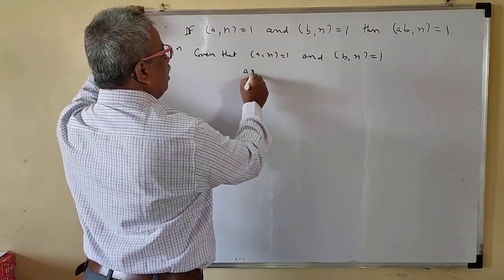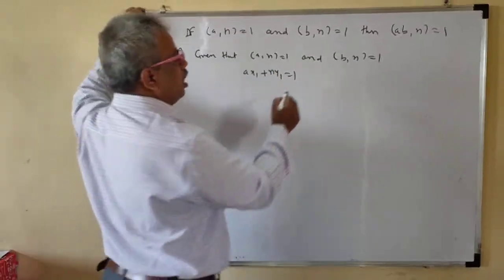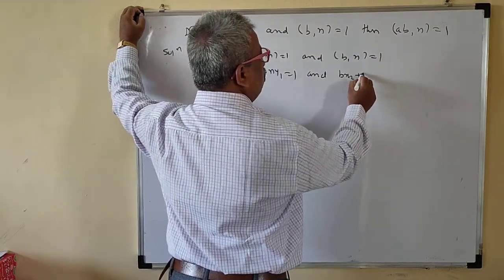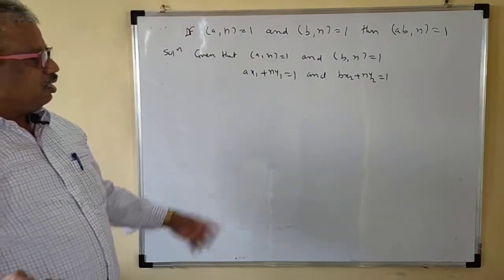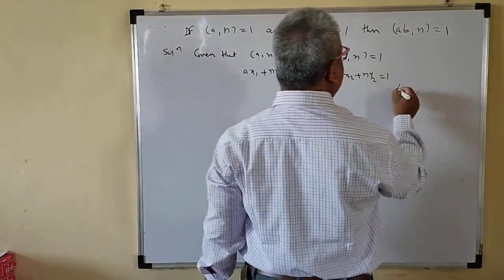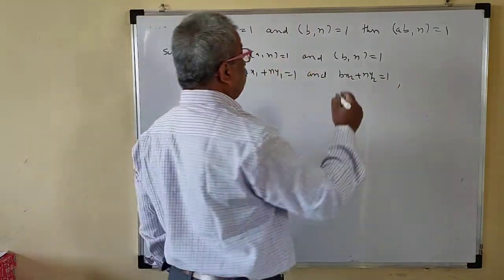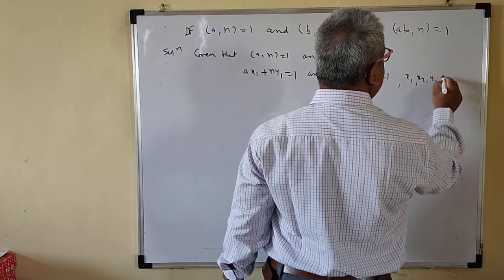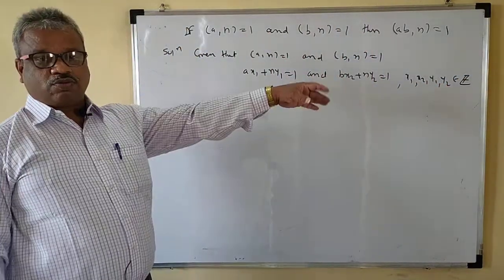This is what I will write: AX1 plus NY1 is equal to 1 and BX2 plus NY2 is equal to 1. By definition, they are relatively prime. So X1, X2, Y1, Y2 are not given in the problem. We must mention what they are: X1, X2, Y1, Y2 belong to Z.